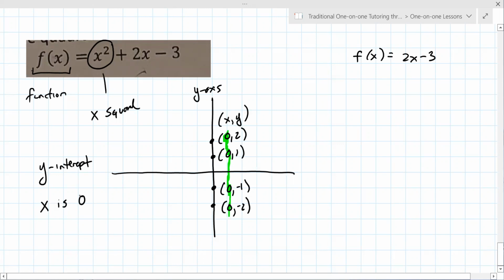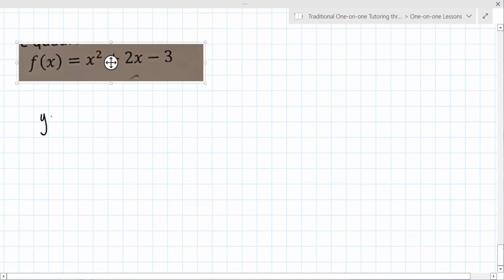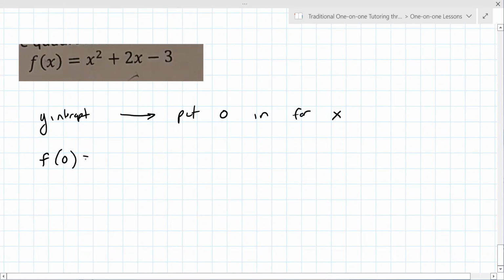Okay, so when you look at this function up here, let me just reframe this. If I ask you for the y-intercept, what I'm really asking you is to put 0 in for x. So wherever you see an x, you're going to put a 0.